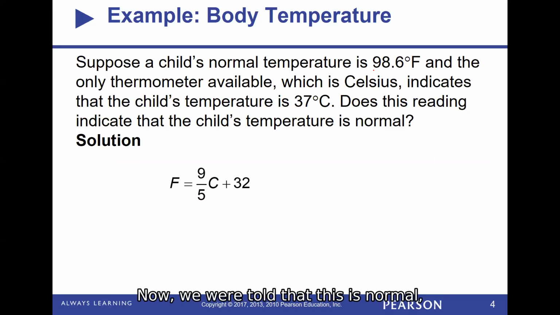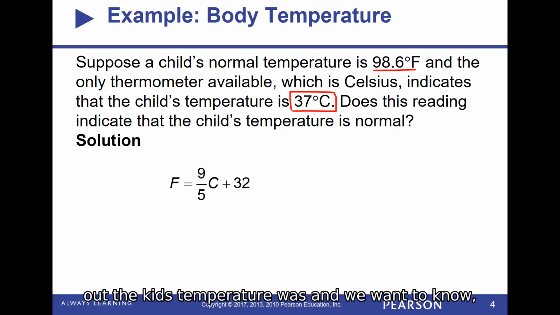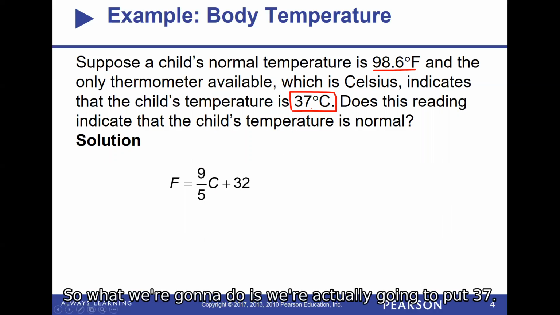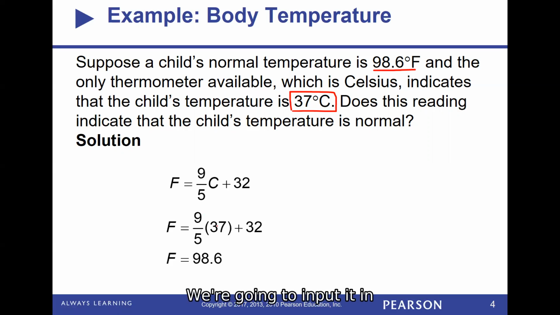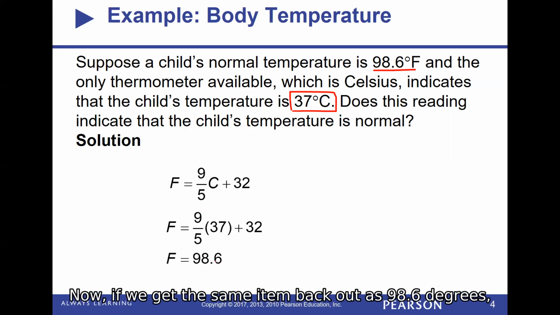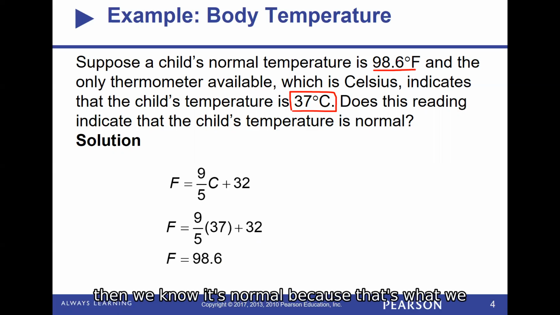Now, we were told that 98.6 is normal, but this is what we figured out the kid's temperature was, and we want to know, is this the normal temperature? So we're going to input 37 for the Celsius and see what we get back out. If we get 98.6 degrees back out, then we know it's normal, because that's what is given as a normal temperature.